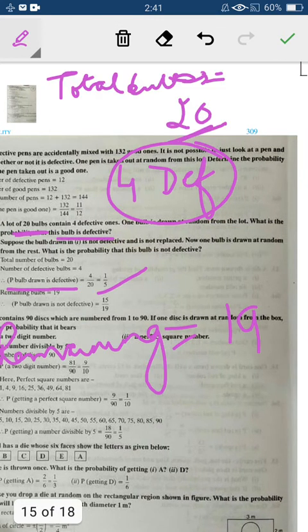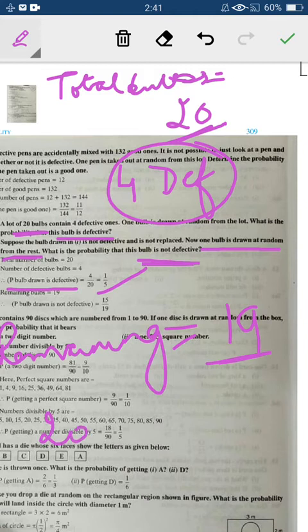Now one bulb is drawn at random from the rest. How many rest bulbs are there? 19. What is the probability that this bulb is not defective? Now see, there were total 20 bulbs, out of which 4 are defective.